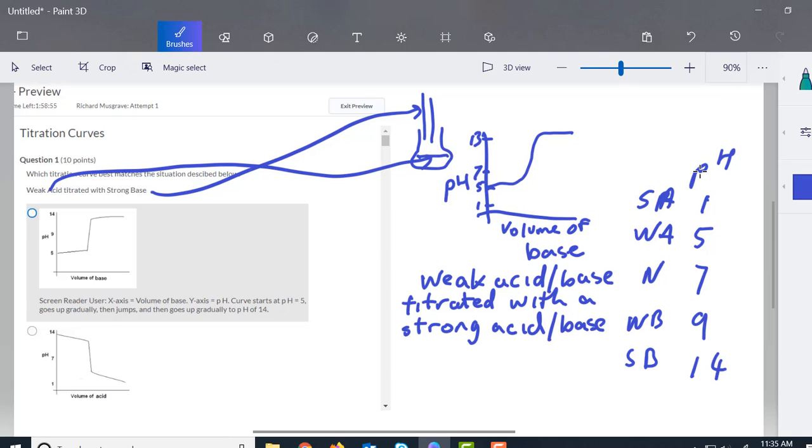Now the reason for that is because if you start off with a weak acid, I'll do a little diagram over here, and there we go. Let's just say we've got 2 AHs in there, and then we add in a strong base like OH minus, for example. What's going to happen is the AH is going to react with the OH minus, and we're going to be left with A minus and AH.